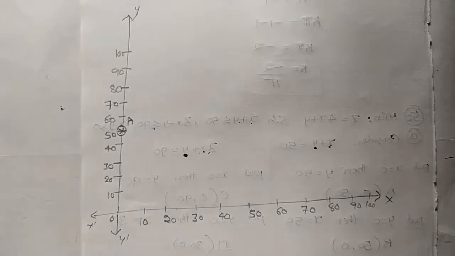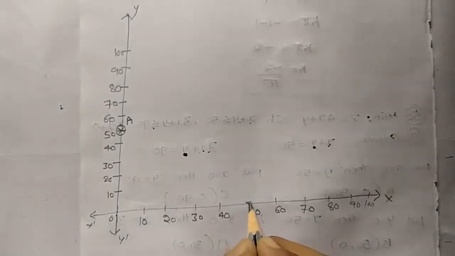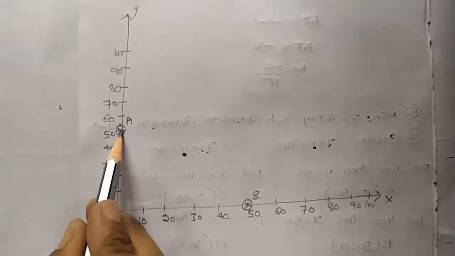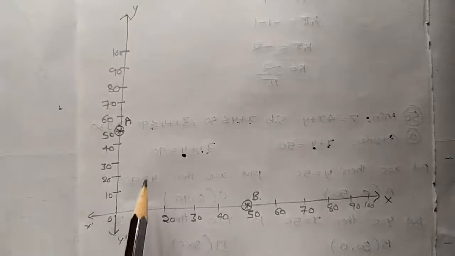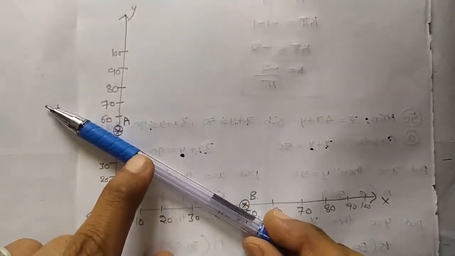Next point B, 50, 0, x 50, y 0. It is a point B. Okay. Join these 2 points by using a scale.